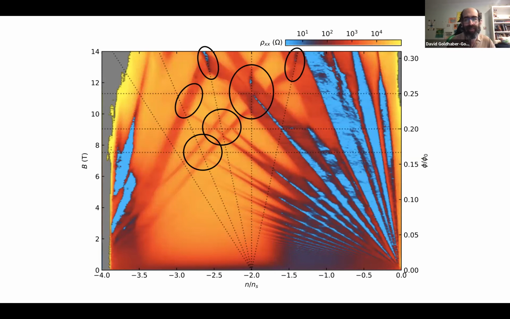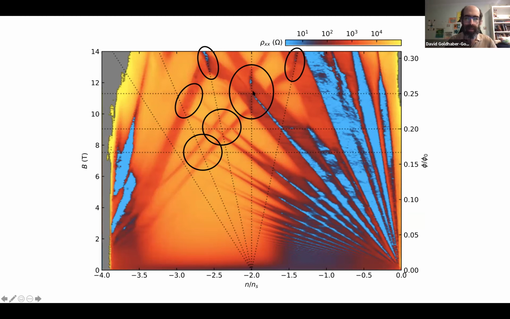We had identified these crossings and tried to describe them phenomenologically, and we had been bringing these sorts of data to every theorist we could talk to, and they all said, "Wow, beautiful! I've never seen anything like this before." We also brought them to experimentalists, but they had no idea what's going on.